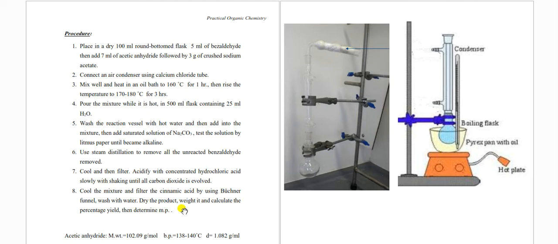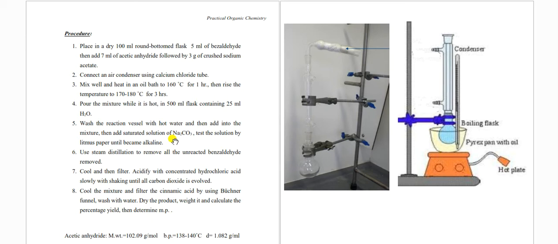Now, you have homework here from the procedure. Write the answer on a paper with your name and your group, and give it to the assistant lecturer next week at the lab. The question is, in this step, we use a saturated solution of sodium carbonate. We add it to the mixture.